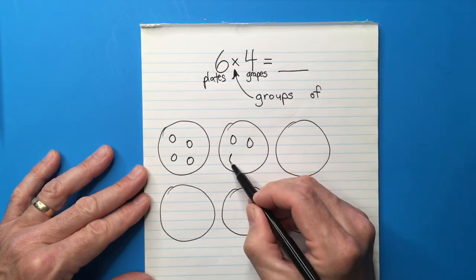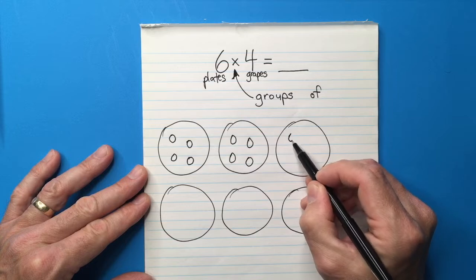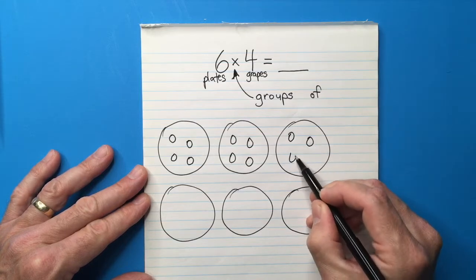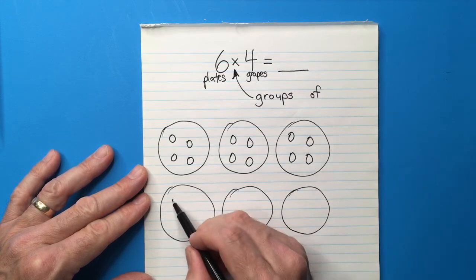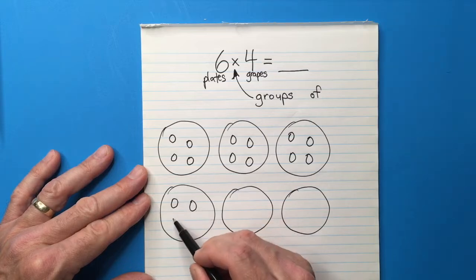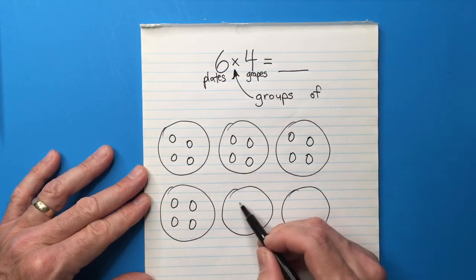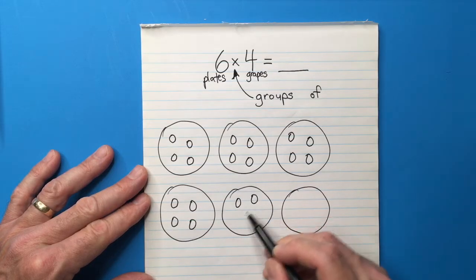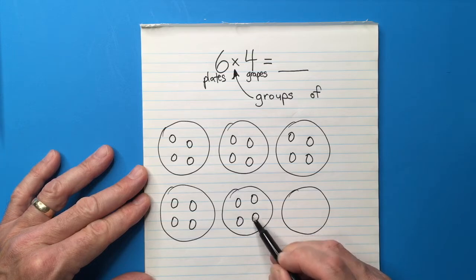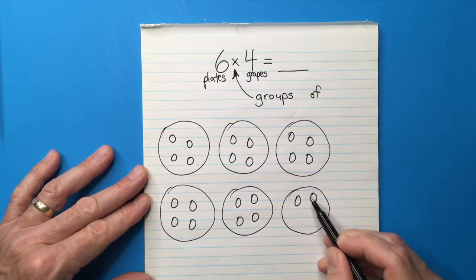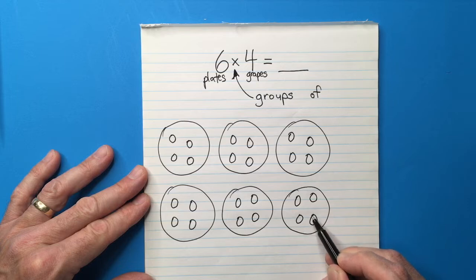I know it's not a very big snack. Now, the most important thing here is that every plate must have 4 grapes. It can't have more or less than 4. If that's the case, then you cannot multiply. Every plate has to have exactly the same number.